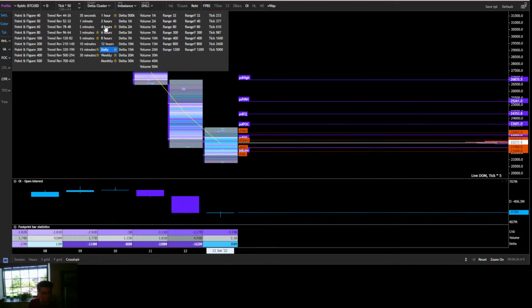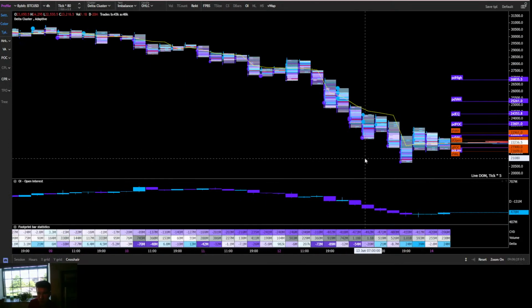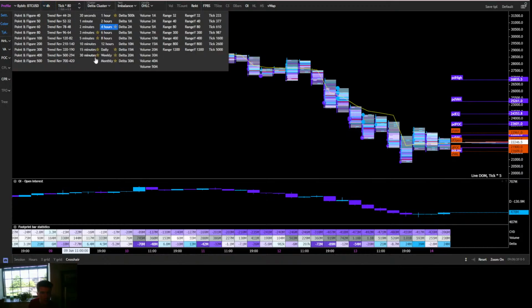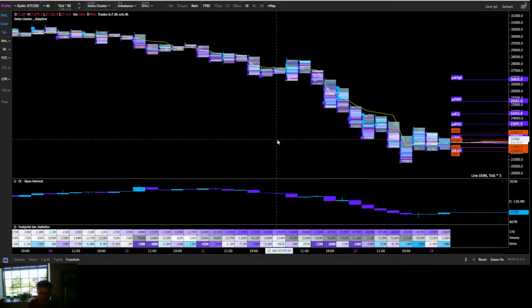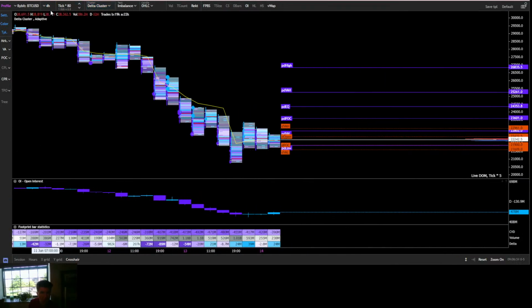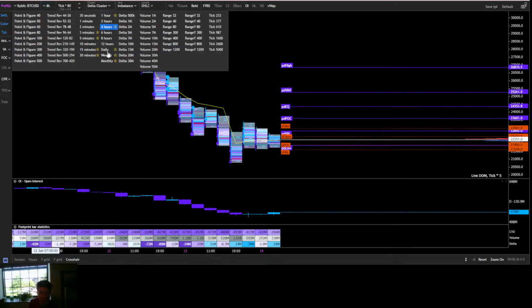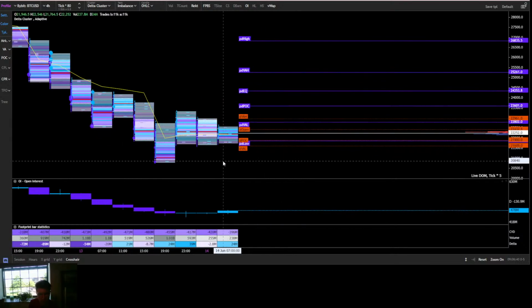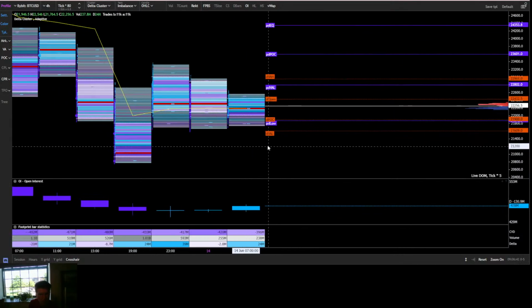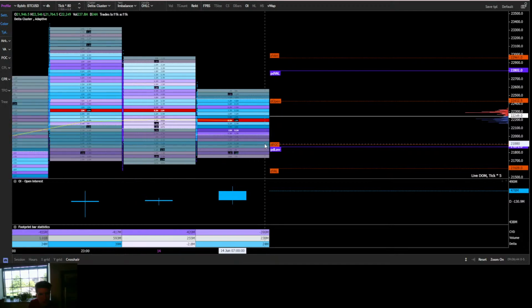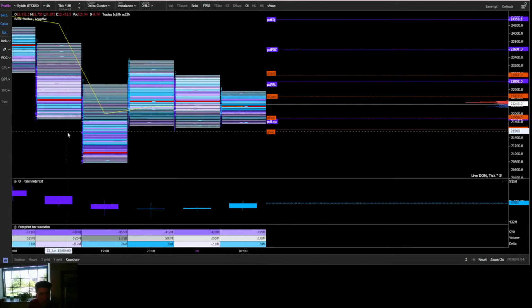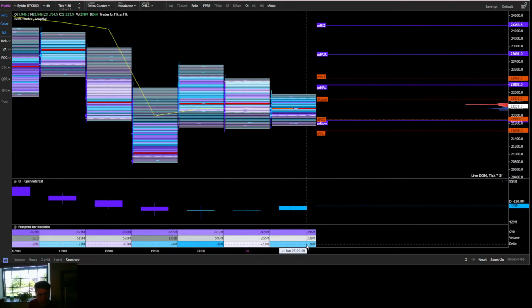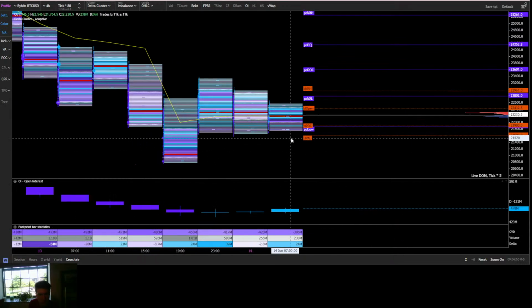But take a look at 4 hour. I only really look at the 1 hour and down, but once in a while I'll take a look at weekly, daily, not a whole lot. It looks like a lot of good delta typically.